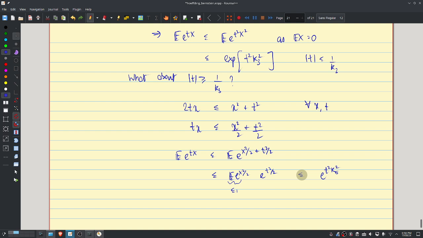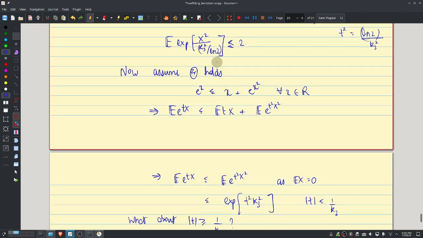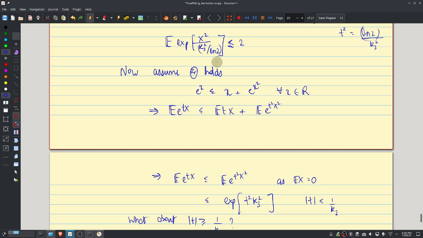Did I use the bound? This one? No, I didn't use it here. Oh, sorry, this one. Yes. Okay, sorry. Let's assume that 1 through 4 holds, because I've shown that 1 through 4 are all equivalent.